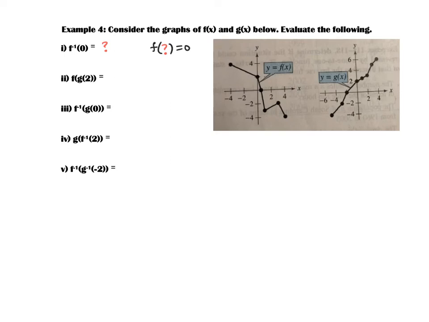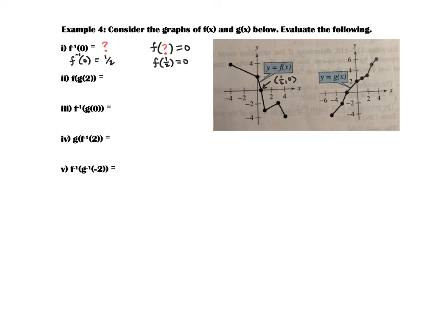Well, I'm going to guess. I don't know exactly what this point is, let's say 1/2 comma 0. So if f of 1/2 equals 0, then f inverse of 0 should equal 1/2.